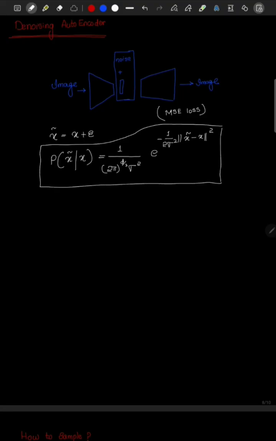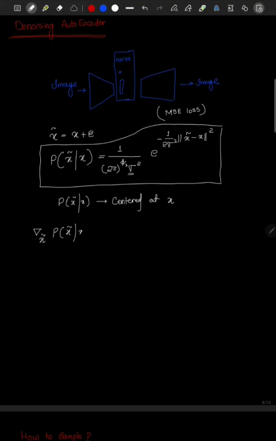So it is basically saying that p(x tilde | x) is centered at x, because we are not changing x, we are just adding some spread around x. And sigma is again a hyperparameter. Now let's compute the gradient with respect to x tilde.